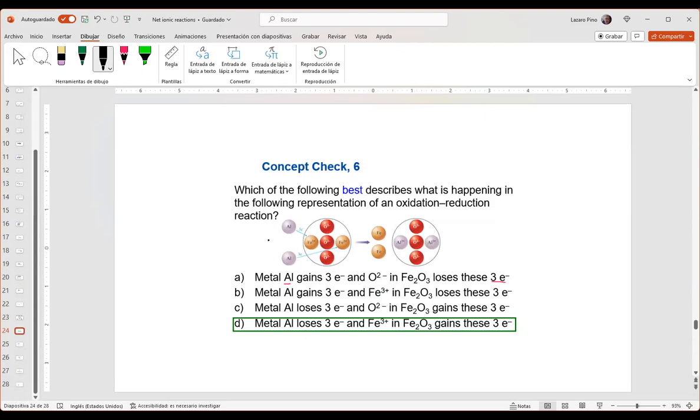Here you have aluminum, in this case, losing 3 electrons, and iron gaining 3 electrons. So this is a redox reaction. Iron is in this compound, that is iron 3 oxide.